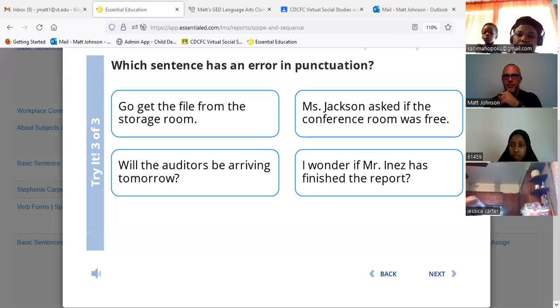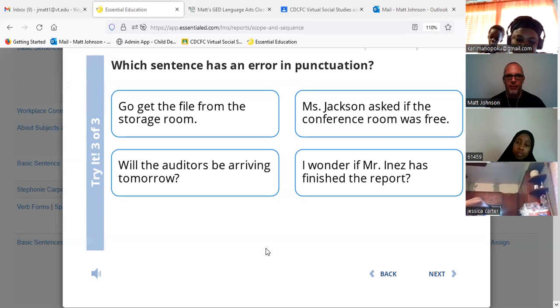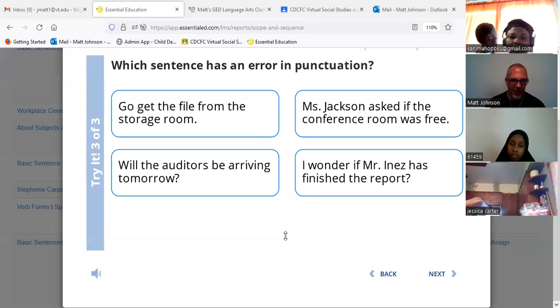Can you type it? Could be your headphones too. Sometimes those will affect your microphone.